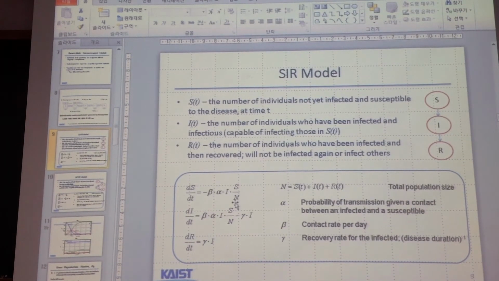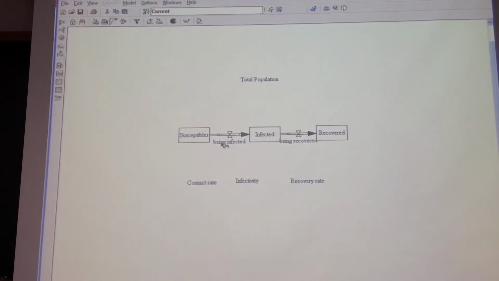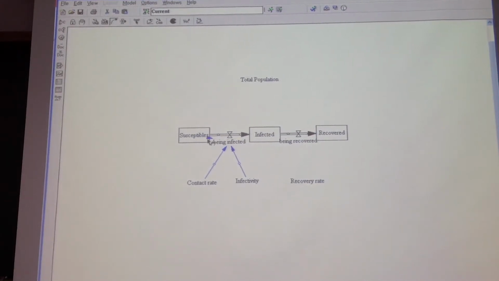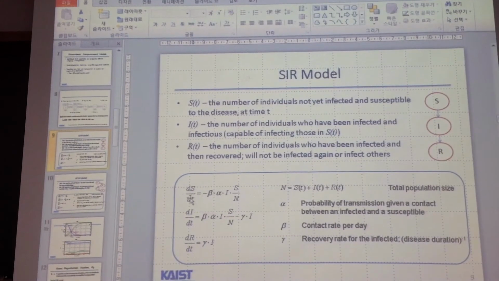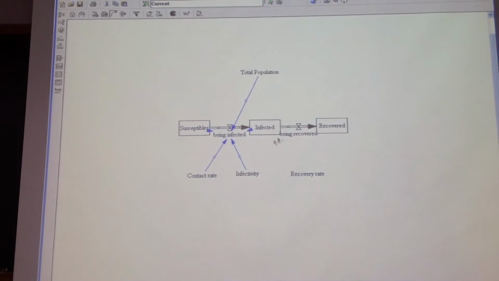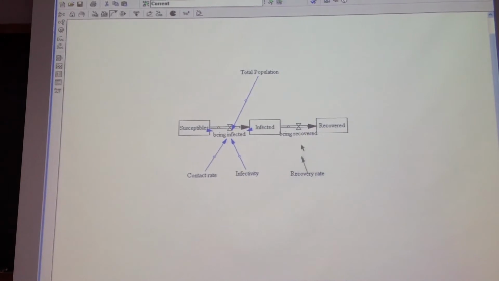Beta, alpha, I, S over N. So I know that being infected is a function of beta, alpha, I, S, and N. And for being recovered, I know that this is a function of gamma and I.